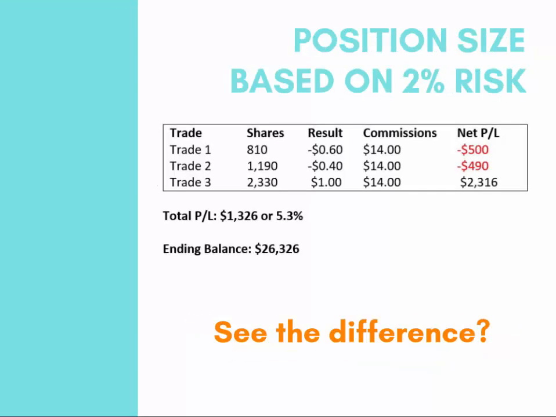Now let's see what might happen if you set your position sizing at 2% risk. Trade 1. Your profit goal is $2 and stop loss is 60 cents. 2% of $25,000 is $500, so you buy 810 shares to match this risk amount. You get stopped out for a loss of $500 after commissions.